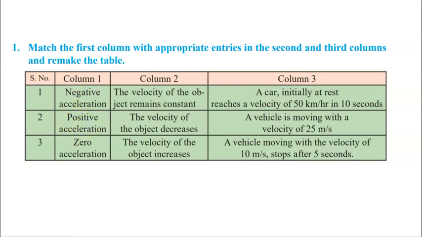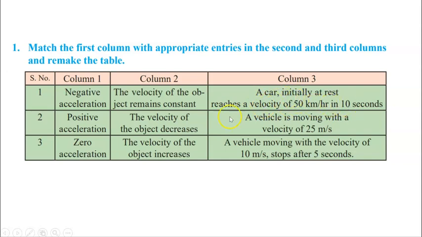Okay, and already we have completed here the velocity of object decreases. For the positive acceleration, the velocity of object increases. This is the correct. Okay, and from the third one, a car initially at rest reaches a velocity of 50 km per hour in 10 seconds.